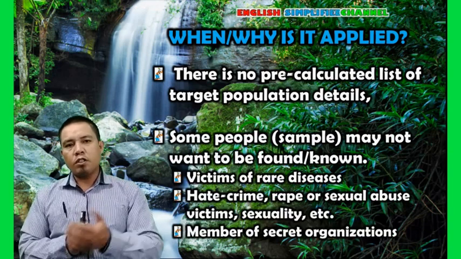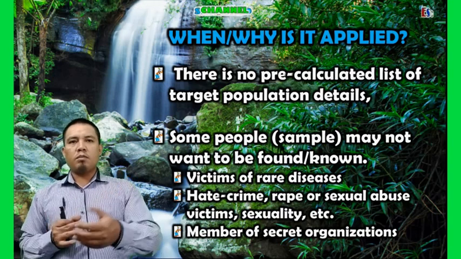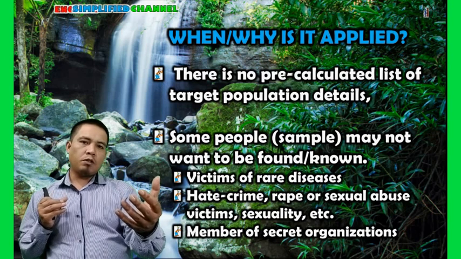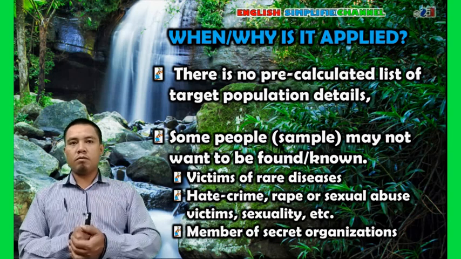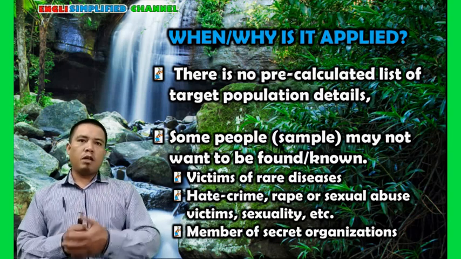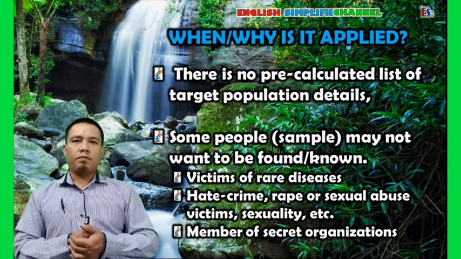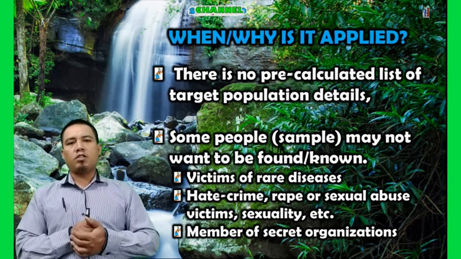If this is your research sampling technique, then your research may be about victims of rare diseases, hate crime, rape or sexual abuse victims, sexuality, etc. Or it can be from members of secret organizations.